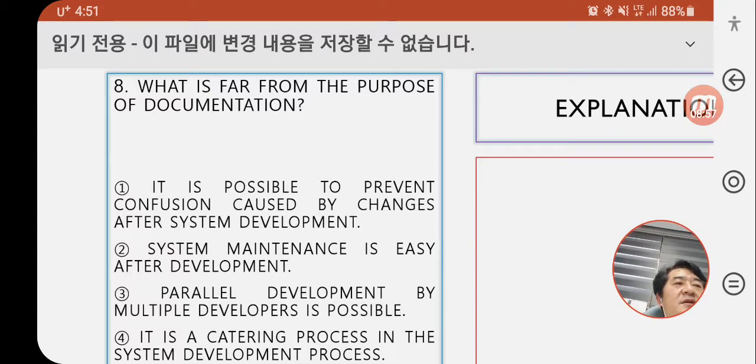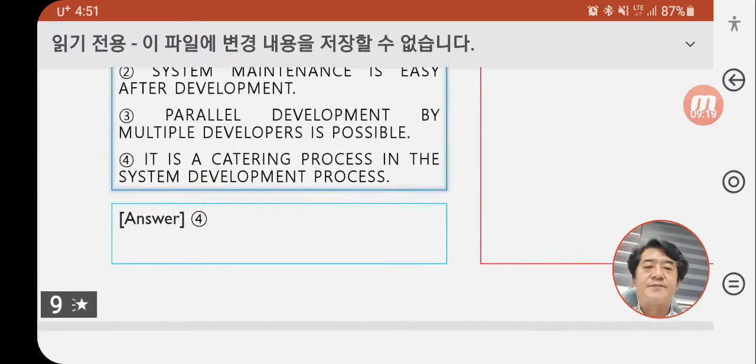Number 4, it is a catering process in the system development process. The correct answer is number 4. Let's move on to the next question.